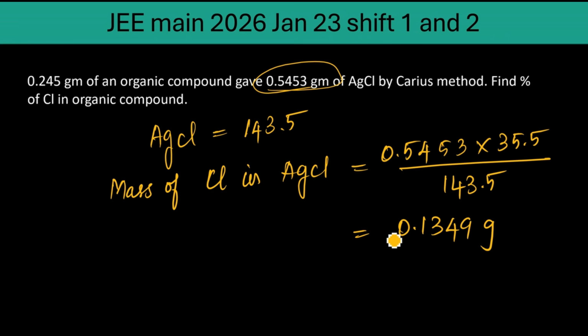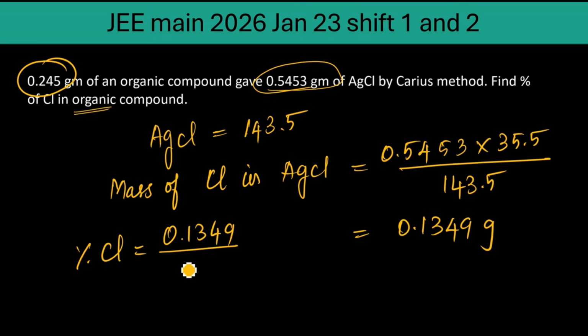So the percentage of Cl in the organic compound, that is 0.1349 divided by 0.245 into 100. So which is equal to 55.06 percent.